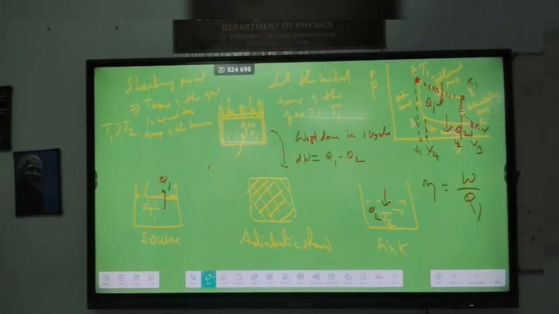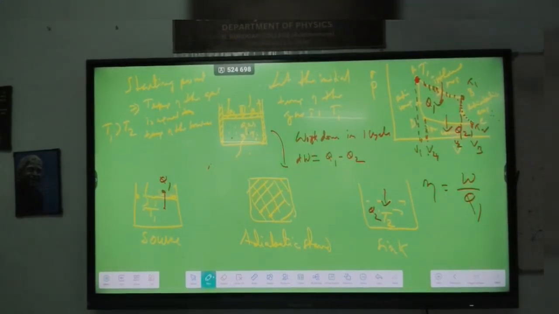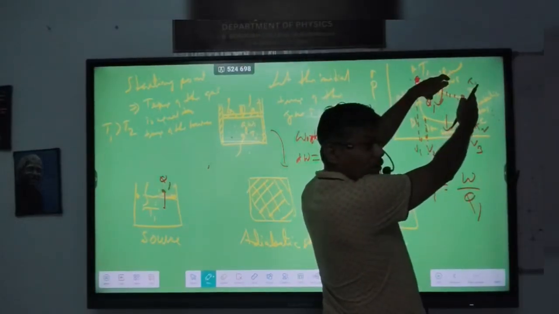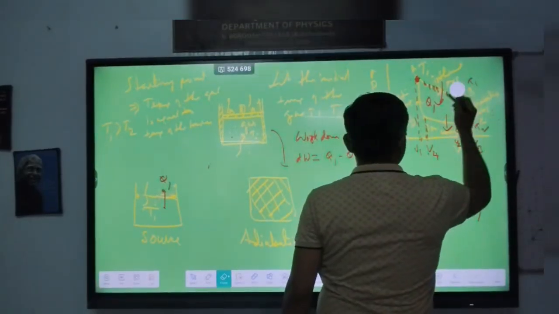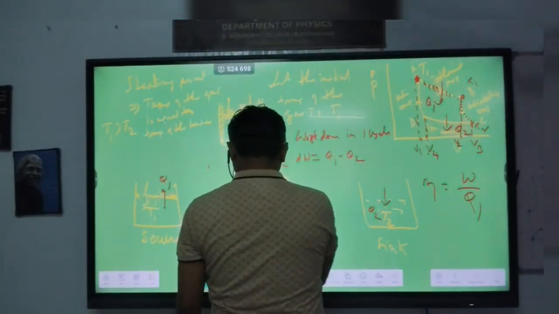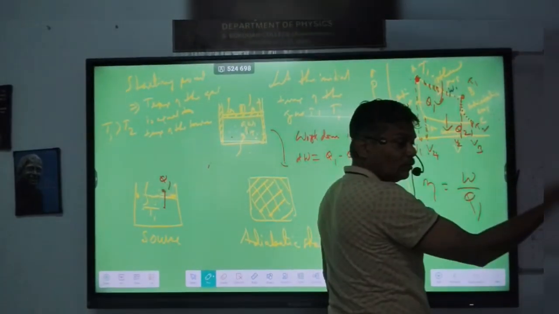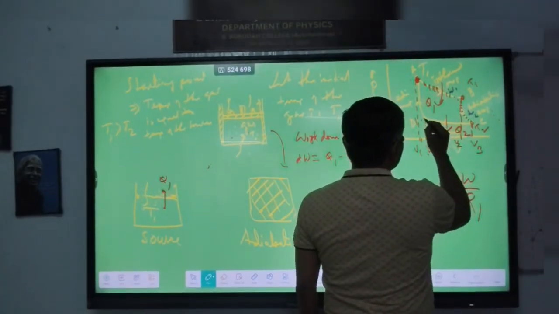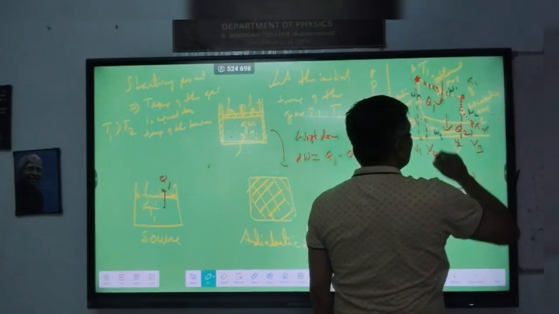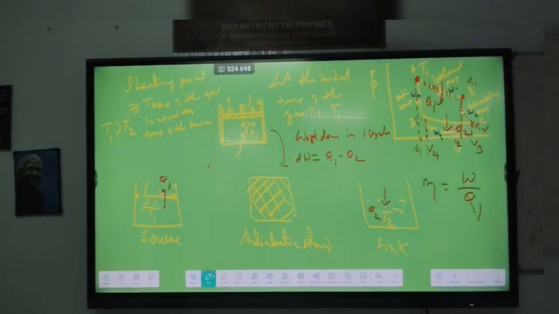So because of that, what do I have to do? For each step, I take the work done, because this is adiabatic expansion, so its work done will be W1. From here to here, another work done will be W2. From here to here, another work done will be W3. From here to here, another work done will be W4. So how much will the total work done be now?